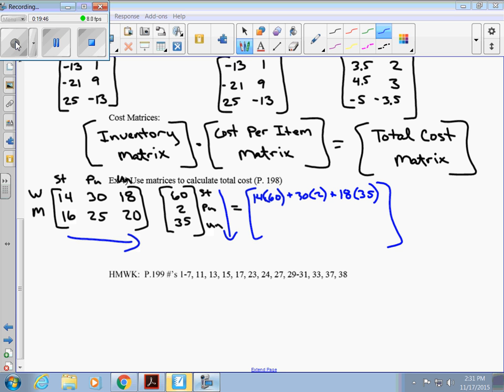Then we're going to do the same thing with the men: 16 times 60, 25 times 2, and 20 times 35. Then we do the multiplications and add them up, and we end up getting 1,530 and 1,710.